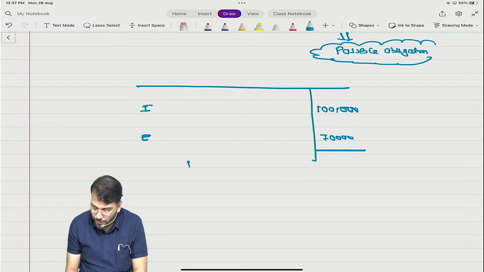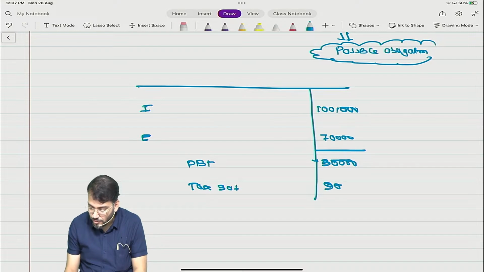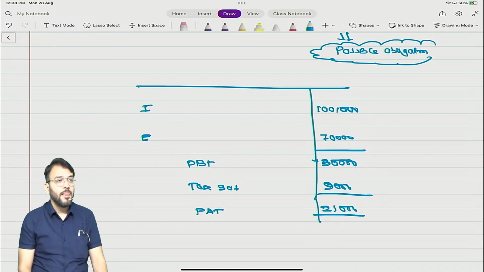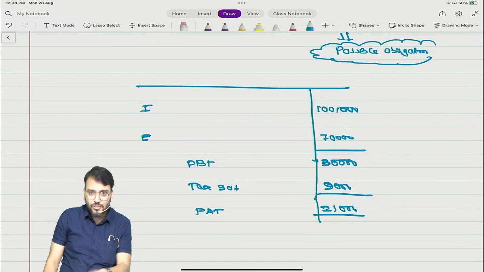So what is profit before tax? 30,000. Correct. And tax, let us assume 30%. So what is your tax? 9,000. So what is profit after tax? 21,000. This too you have understood.